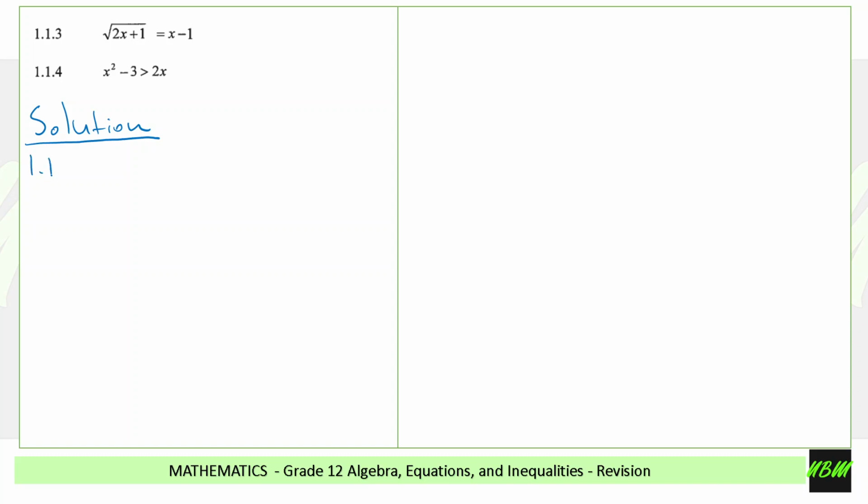Now 1.1.3, we have an equation with a radical: the square root of 2x plus 1 is equal to x minus 1. And the part of the equation that has the square root sign is isolated on the left hand side. So in this case, the first step will be to square both sides.